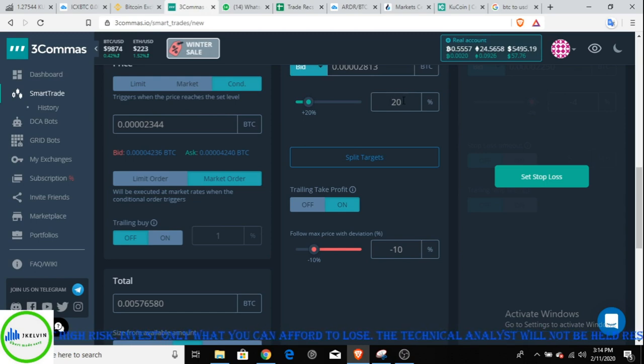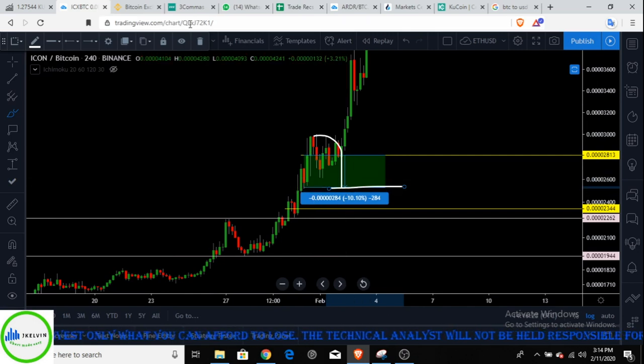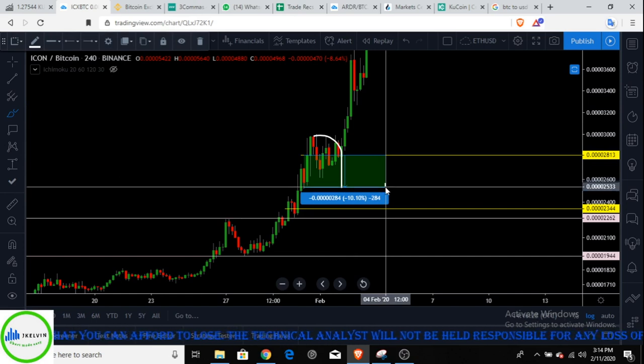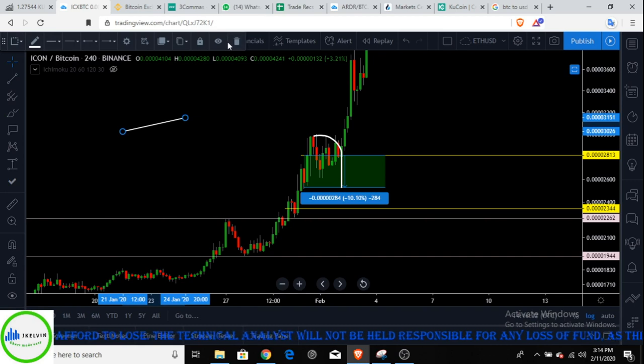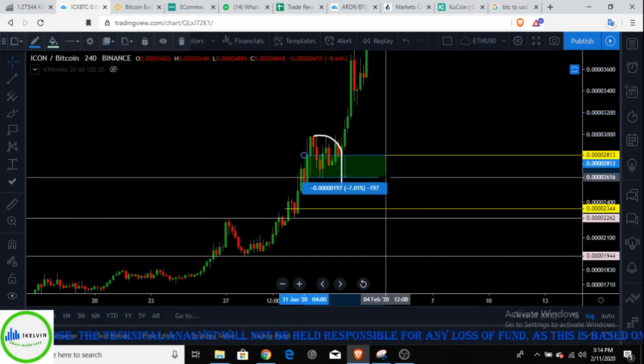Now if you look at it here, it did not go as low as 10%. It only went as low as 7%.